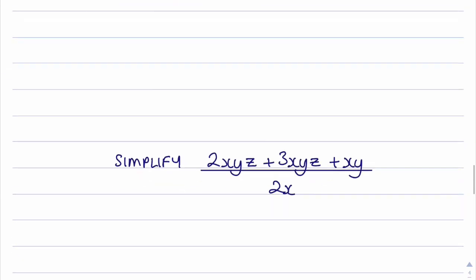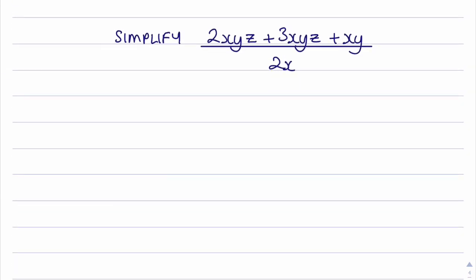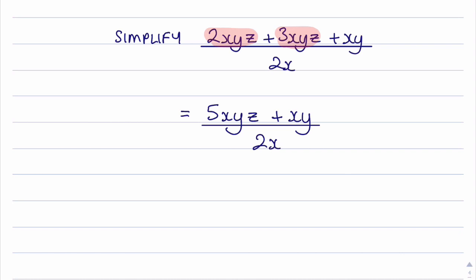On to the next question. Again, going to collect like terms, and we do have an xyz term and another xyz term, so this one and this one. So 2xyz and 3xyz will give me 5xyz. Then I've got the plus xy, and that is all over 2x.